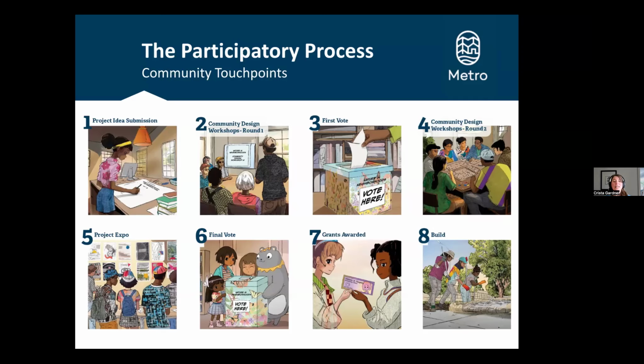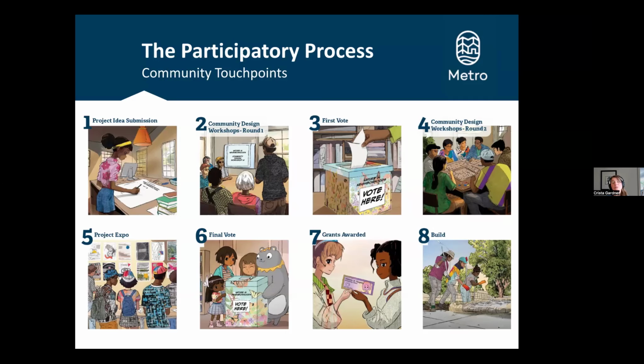As I mentioned, the participatory process was developed by the committee and Metro staff to interpret the purpose and criteria of the Parks and Nature Bond. This framework really needed to adhere to the legal and financial constraints, project development best practices, which Mike will talk about later, and respect staff capacity and autonomy of the local jurisdictions.